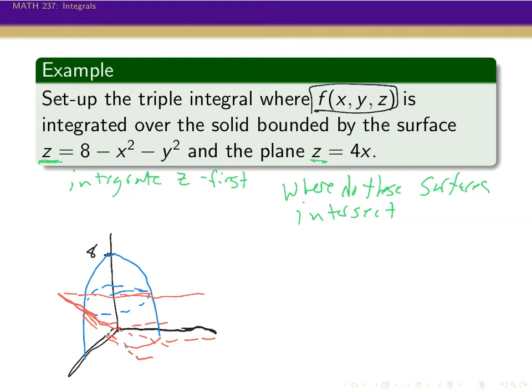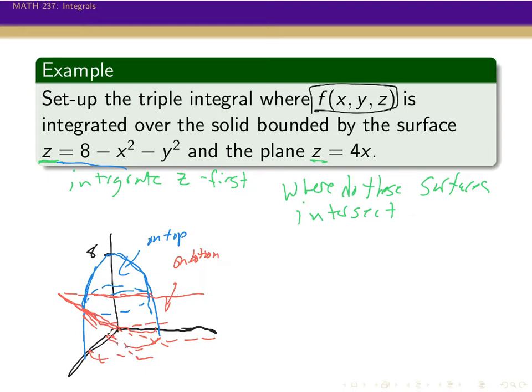And the intersection between these two is going to produce some sort of region that this is happening over on the xy plane. Okay, from the picture, what we can see is that for the region bounded between these two, the paraboloid is on top and the plane is on the bottom.